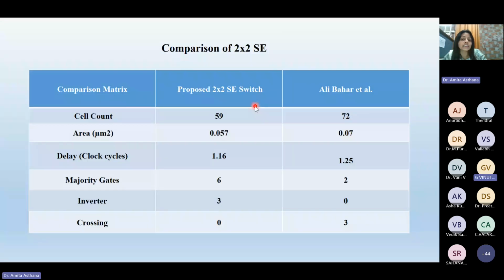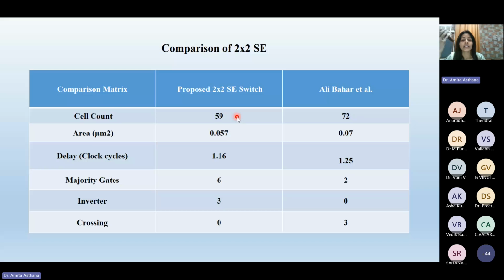So the cell count has been significantly reduced in this work. So we can see that by proper utilization and proper designing of any quantum circuit, we can reduce the number of cells which we are using for designing the circuit.